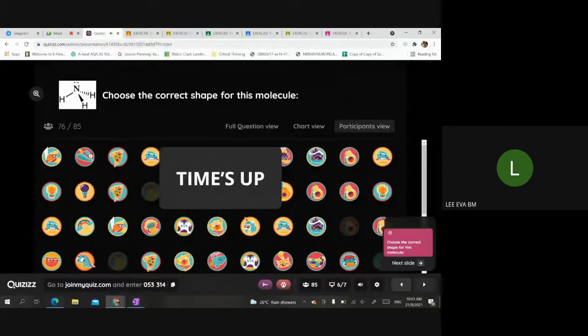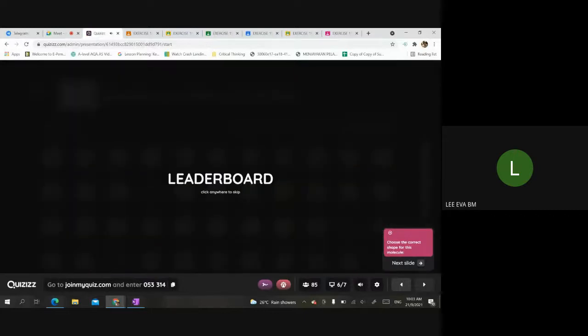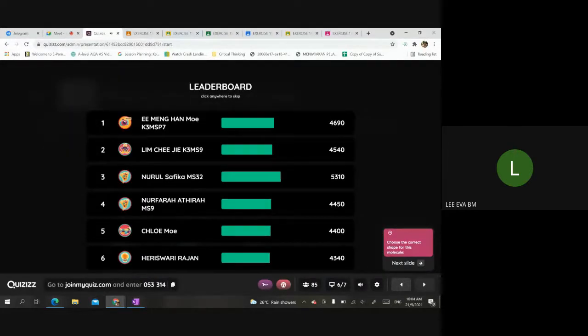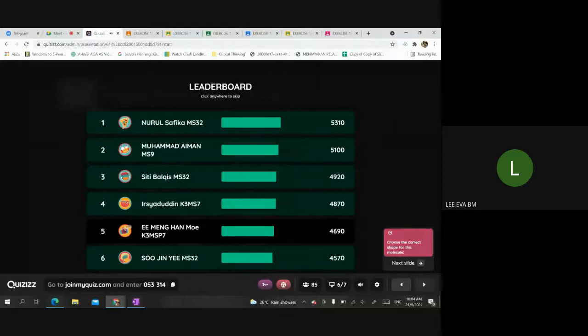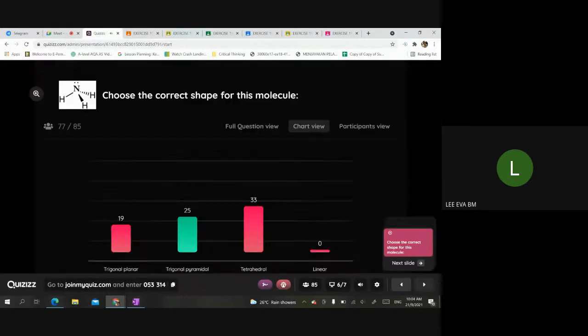Any extra questions? Whoa, Safika, raise up the places. We got quite a few different ones, yeah. Shape we only consider bonding pair. Okay, so hanya ambil kira NH sahaja, tanpa tengok pada lone pair, so awak hanya fokus kat bawah saja.